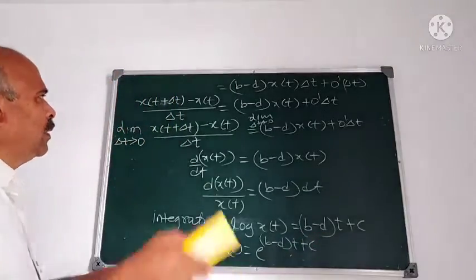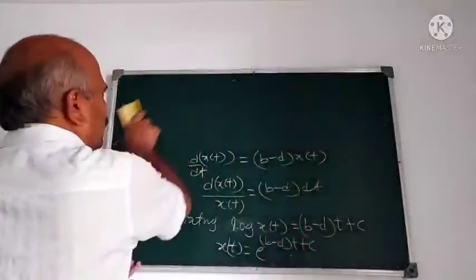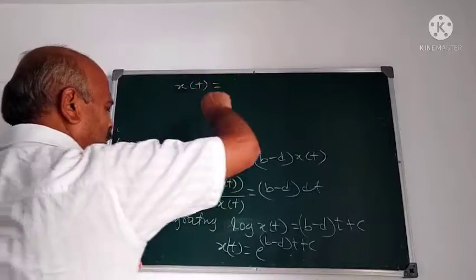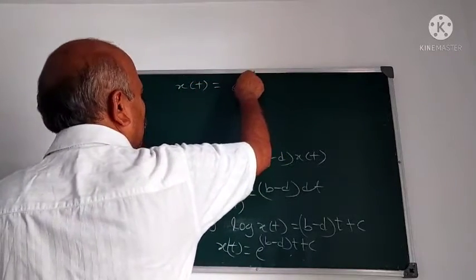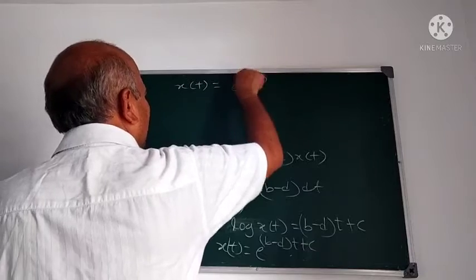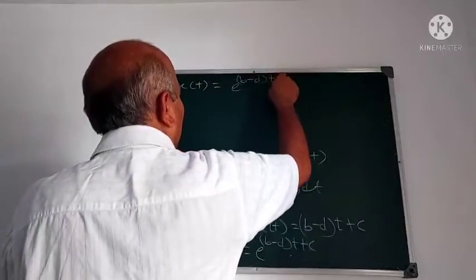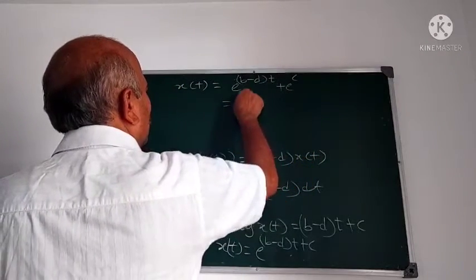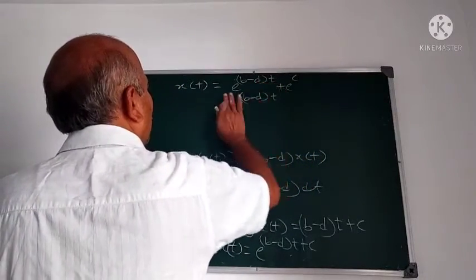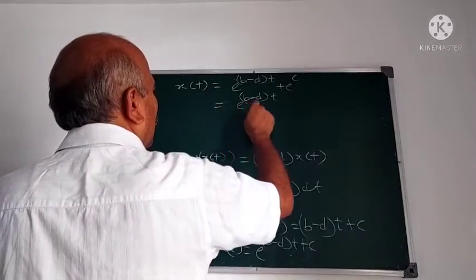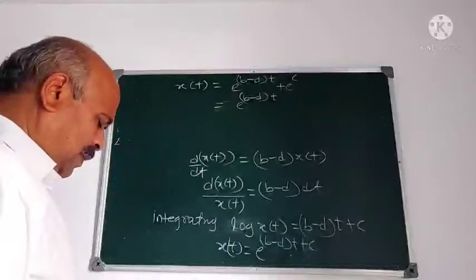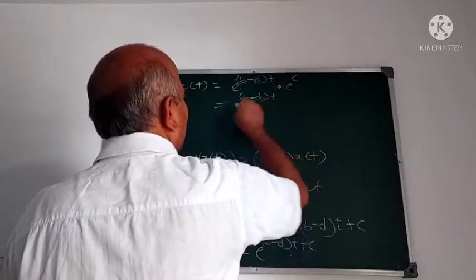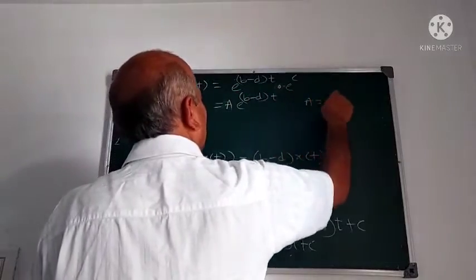Is it plus a or into a? It is into. Therefore a into e raised to (b minus d) t, where a is e raised to c.